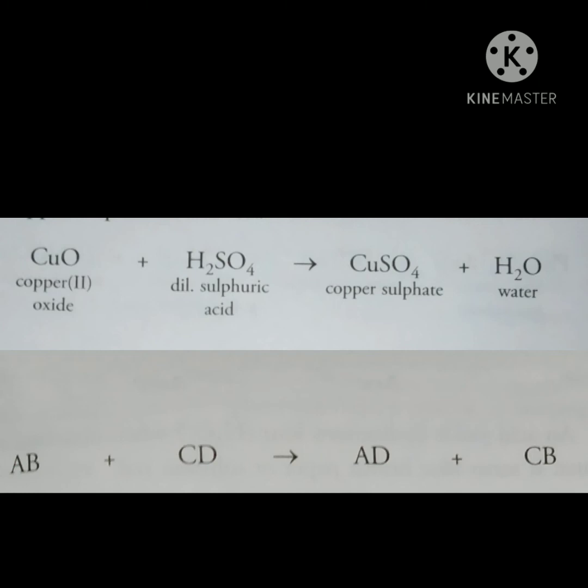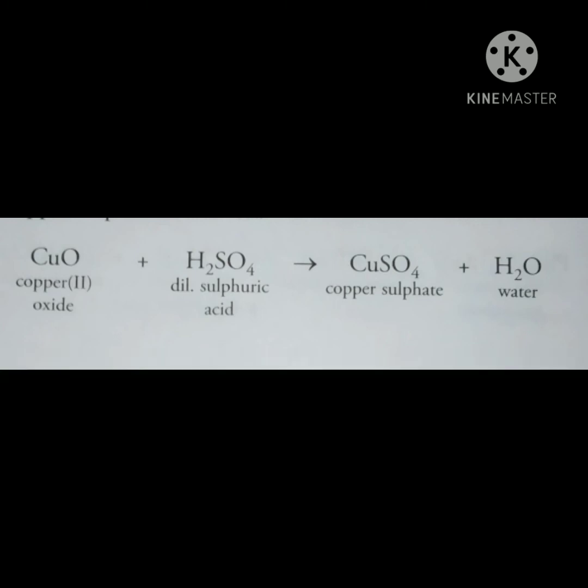So in a double displacement reaction, always B is exchanged with D, and in case of a neutralization reaction, it is a reaction between an acid and a base where salt and water is produced.